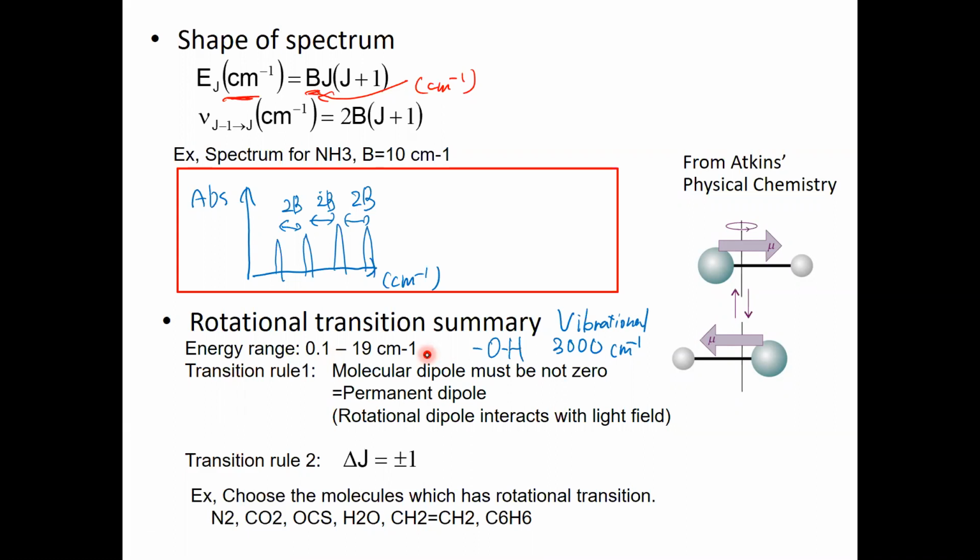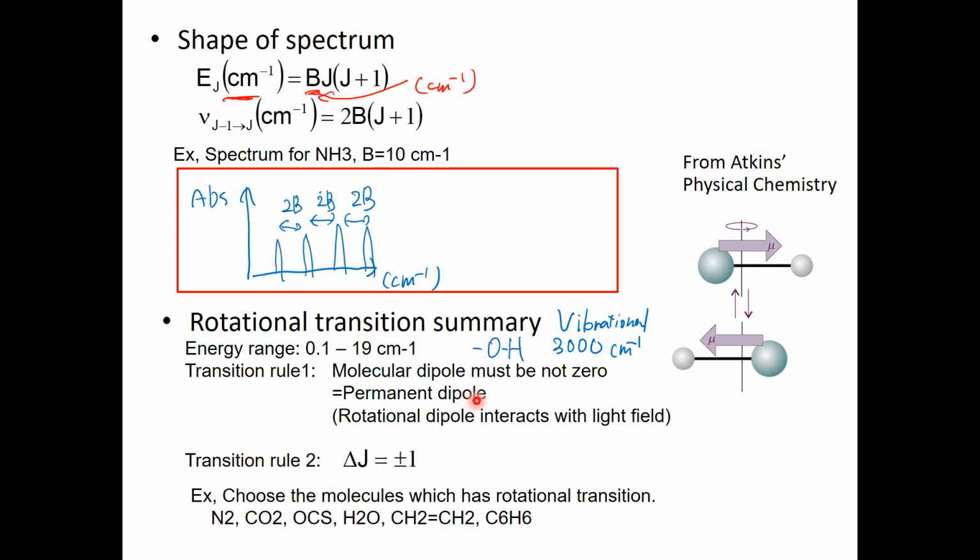And the next one you have to understand is the transition rule. Not always can a rotational state be transitioned from one to the other. The requirement is that the molecular dipole must not be zero. It means the molecule needs to have a permanent dipole.